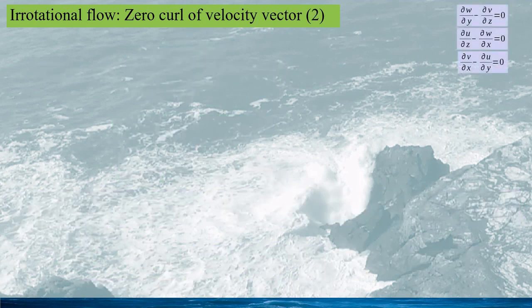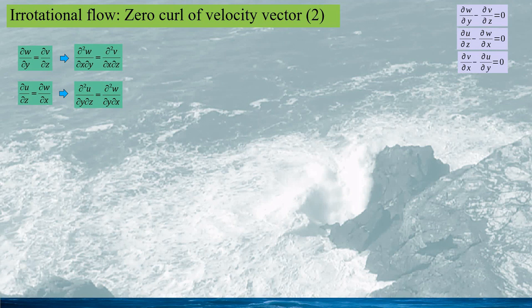The answer is that in the 3D case, the three equations derived from the zero curl of the velocity vector are not independent of each other, because we can use any two of them to derive the third one. For instance, we take the first two equations, differentiate the first equation with regard to x, and the second equation with regard to y.